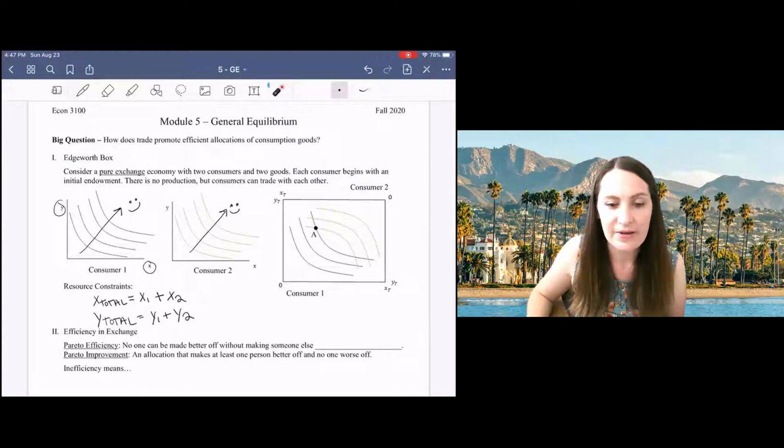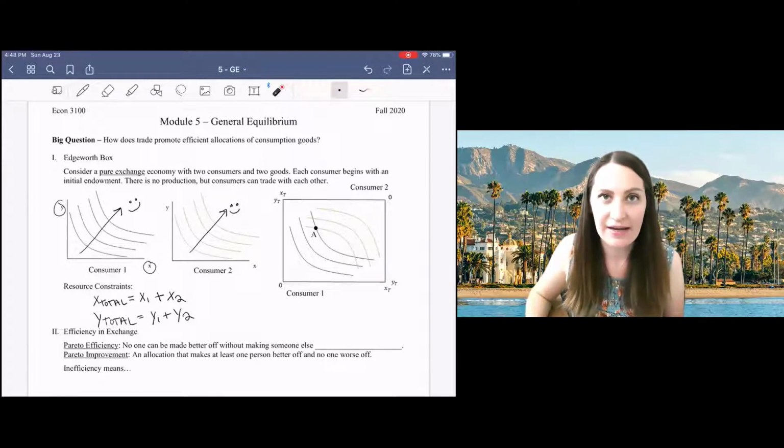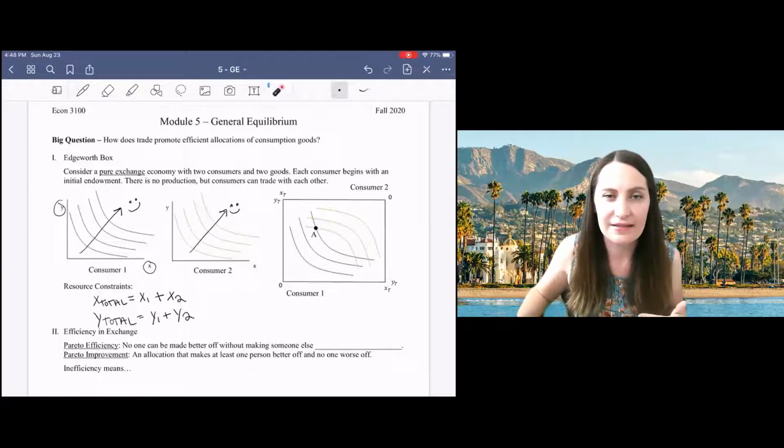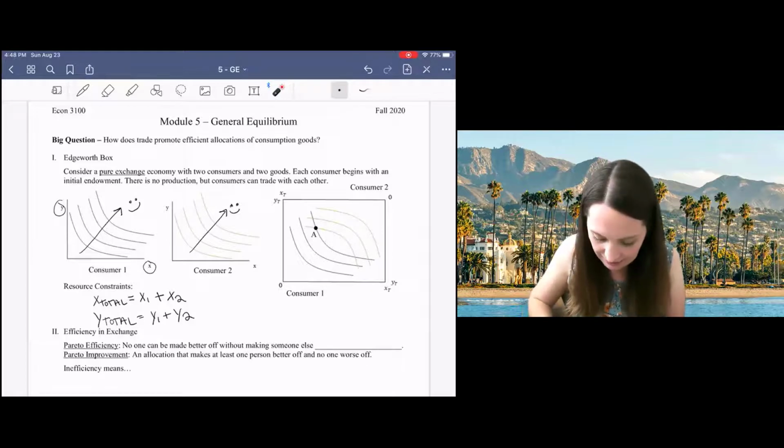This takes a little bit of practice to get used to looking at, but it actually makes our graph much simpler in that every point within the box represents some allocation of X and Y across consumer 1 and consumer 2. For example, take point A.